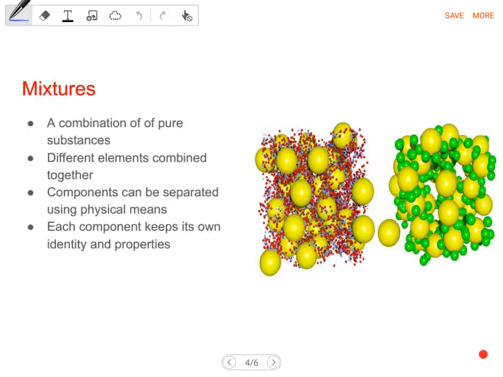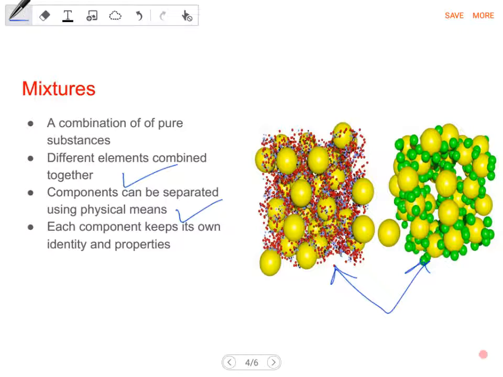On the other hand, what you have are mixtures. Mixtures are when you have a combination of different elements. I think these two pictures right here really sum it up. We have different types of atoms all over the place. It's when different elements combine together. Components can be separated using physical means.